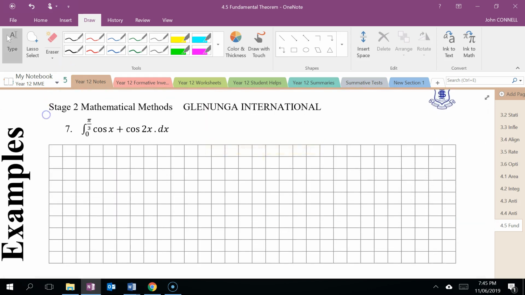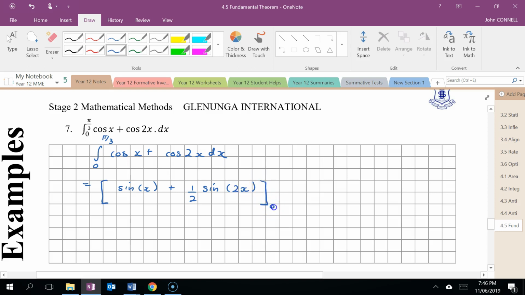Okay, and then the final one is with a trig. So here we can just do a straight rule. So it's going to be the integral from 0 to pi on 3 of cos x plus cos 2x dx. The integral of cos x is sin x, and the integral of cos 2x is a half sine 2x. So we need to divide by the derivative of the inside in this case, and we're going from 0 to pi on 3.